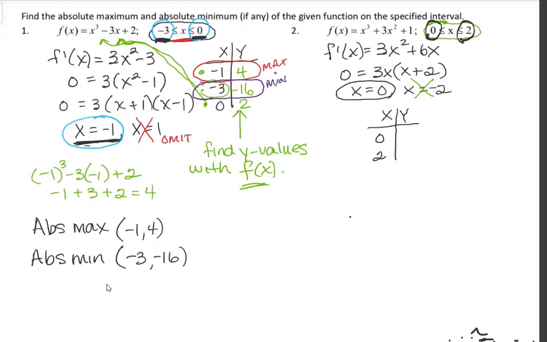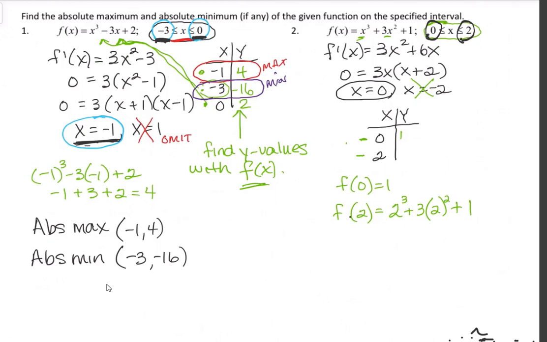To find the y values, I'm going to plug each one of these x values into the original function. I want to find f of 0, which when I replace each of these x's with 0 is just going to leave me a 1. And I want to find f of 2. Everywhere I see an x in the original function, I'm going to replace that with 2.